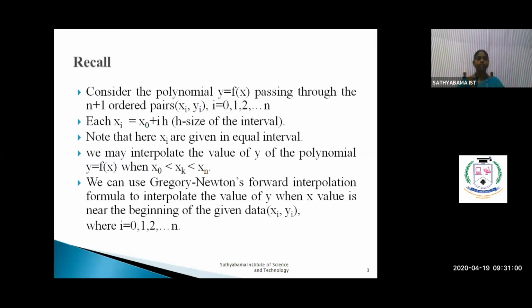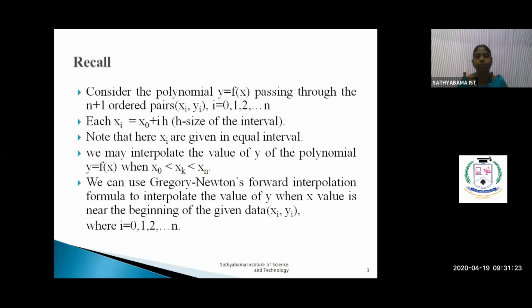So let us recall what we have seen in interpolation. In interpolation, we have two things: one is for equal interval, the other one is for unequal interval. So let us see what equal intervals are.